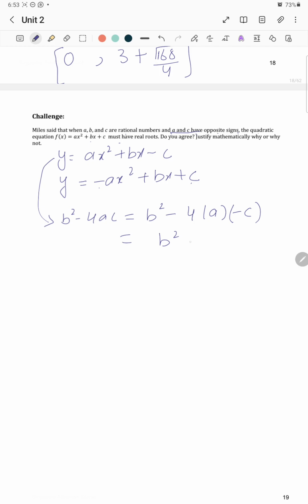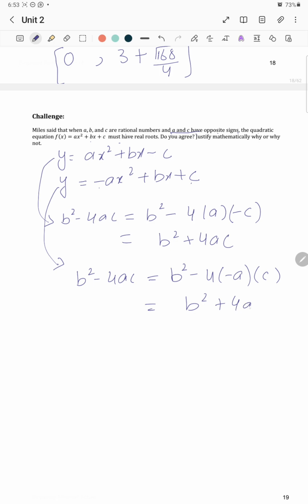In the first case, we get b square plus 4ac. In the second case, b square minus 4ac is equal to b square minus 4 negative ac. We get again b square plus 4ac.